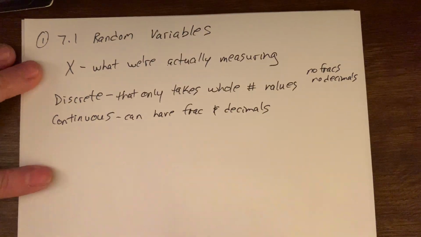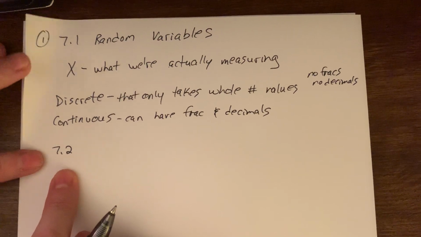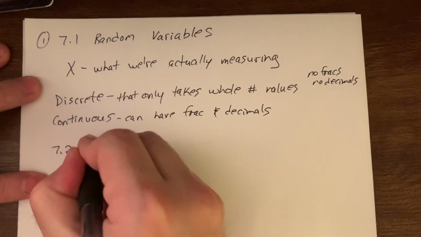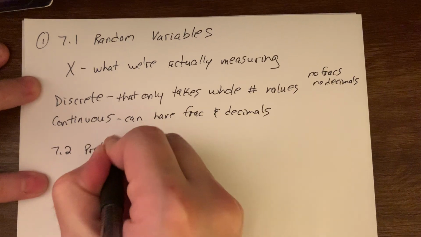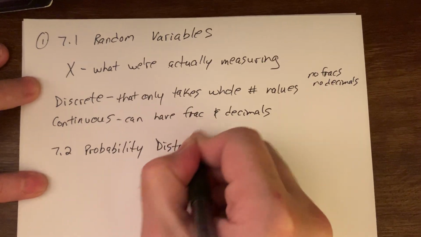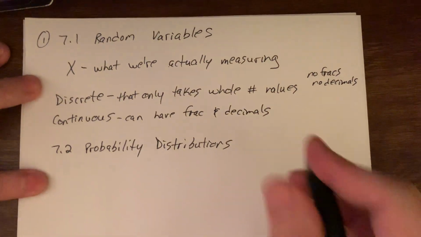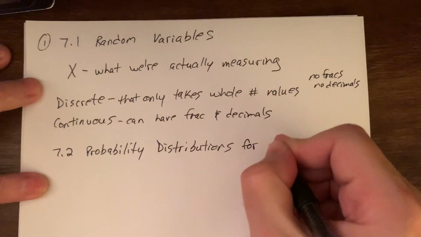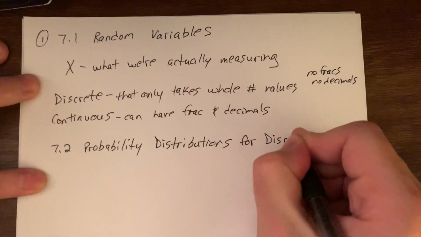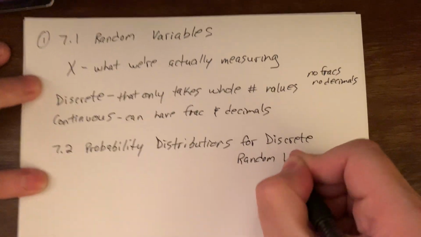So the bulk of this video is going to get into section 7.2. We will look at probability distributions, but we're going to focus on discrete random variables.